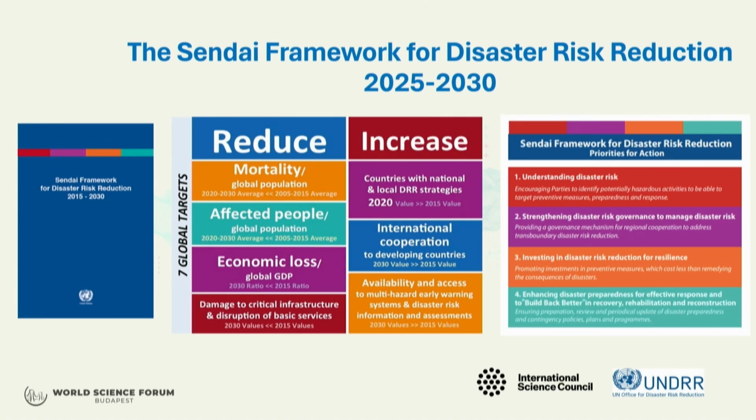But it also calls for, in the global targets and indicators, the need to increase a country's national and local disaster risk reduction strategies, to build international cooperation to all countries, but particularly to lower and middle income countries, and increase the availability and access to multi-hazard early warning systems and disaster risk information and assessments for all people of the world, which you will see come up later.